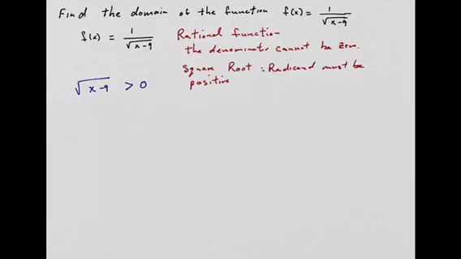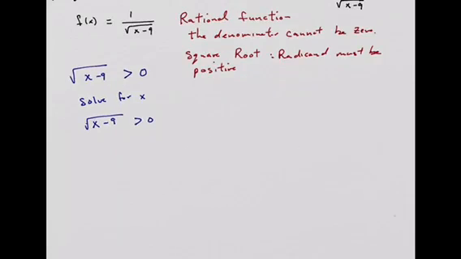So if we now solve for x, the square root of x minus 9 greater than 0, if we square both sides, that leaves me with x minus 9 is greater than 0, therefore x has to be greater than 9.